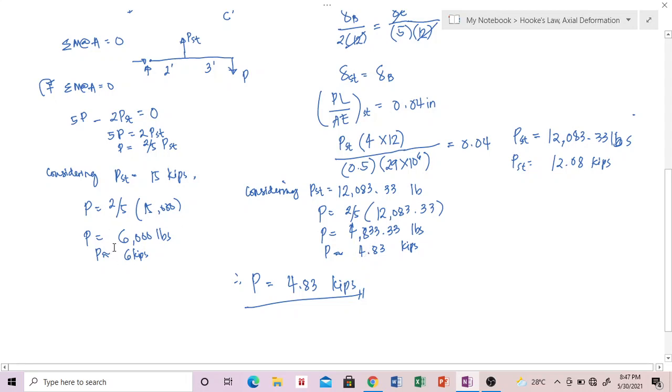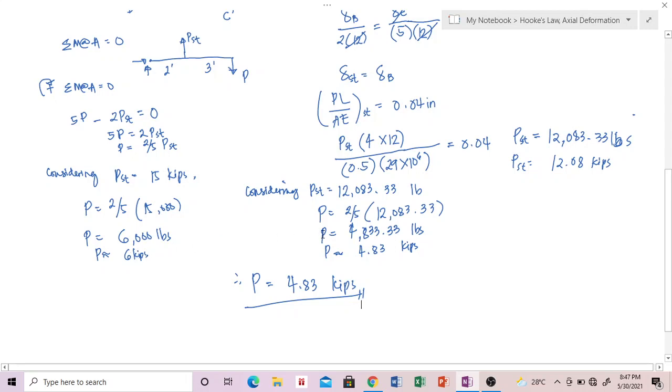When it comes to allowable stress, if we use 6 kips, it reaches up to 30 ksi. Considering the allowable stress, this is the load of 6 kips.